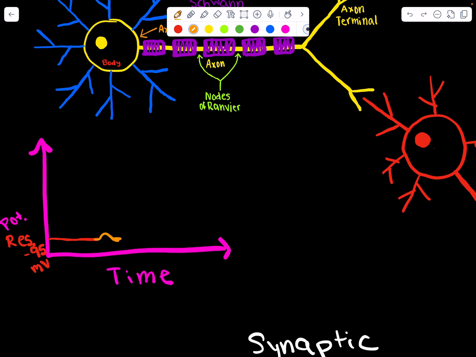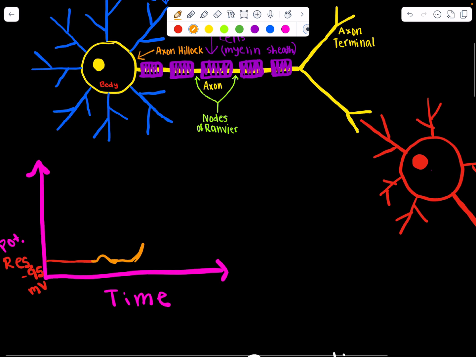But that part is crucial because then, when it electrotonically affects that part, specifically the axon hillock, it will suddenly rise up to possibly meet the threshold.